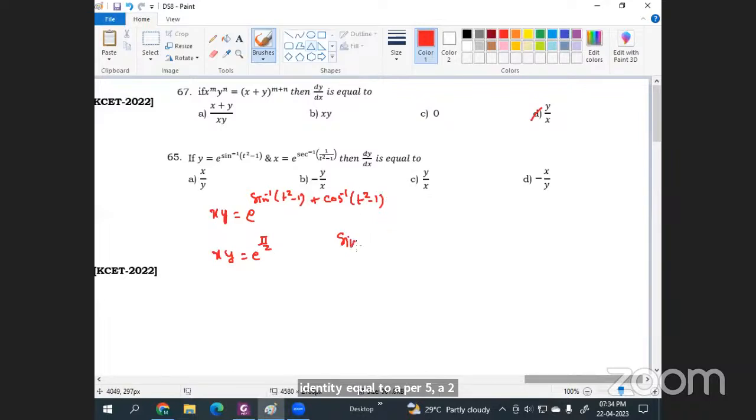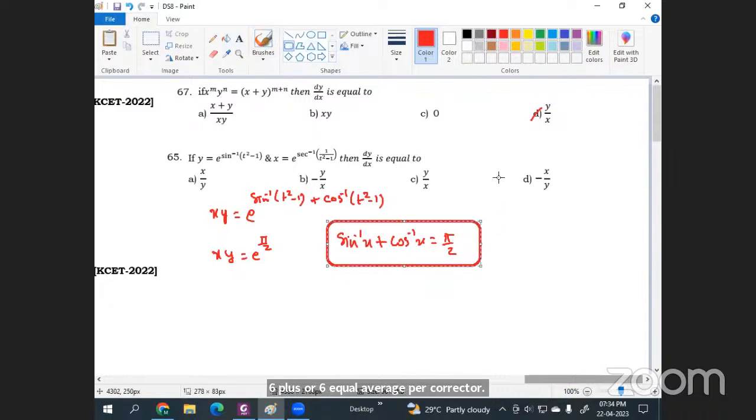Since sine inverse x plus cos inverse x equal to how much? Pi by 2. Correct? Yes or no? Right? So I can apply dy by dx equal to minus y by x. So the second option is the right option.